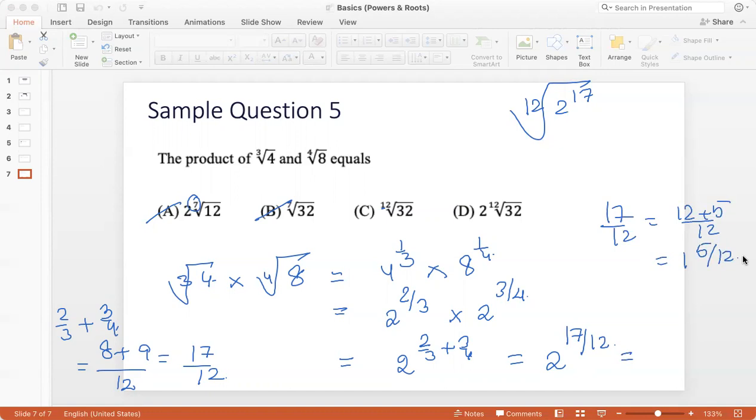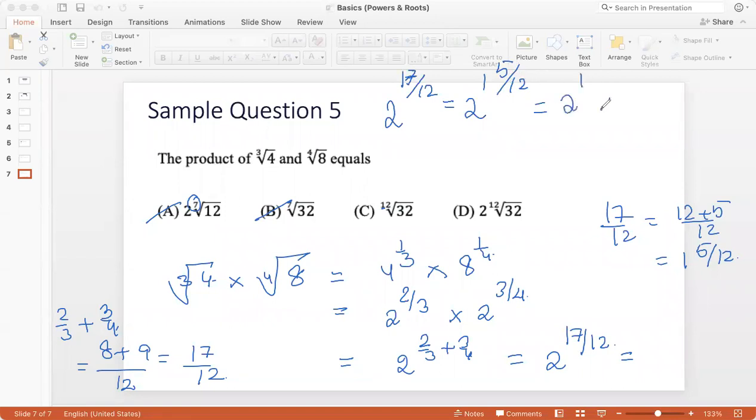So can I write, let me write here. So can I write 2 to the power 17 by 12? Can I write this as 2 to the power 1, 5 by 12? Which means 2 to the power 1 plus 5 by 12.